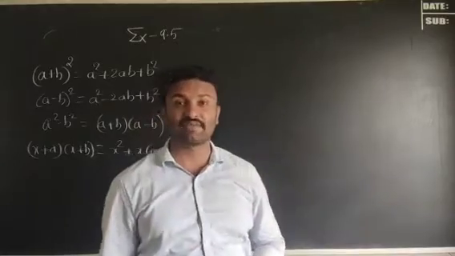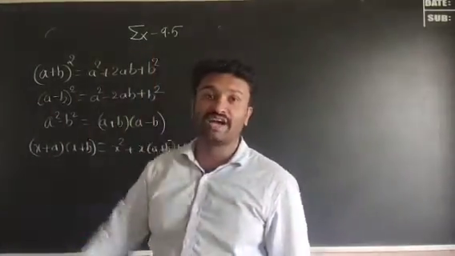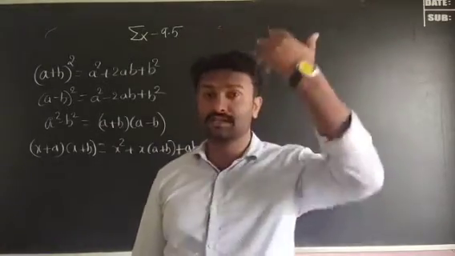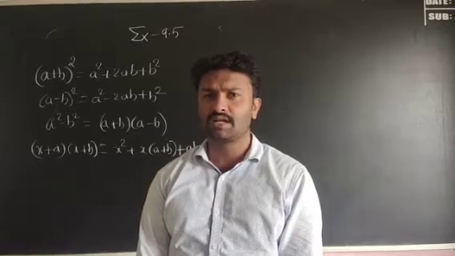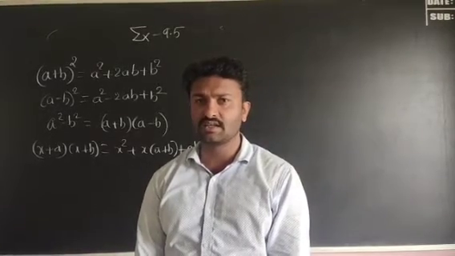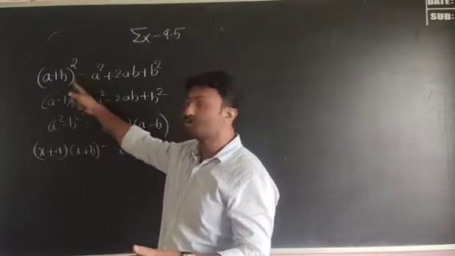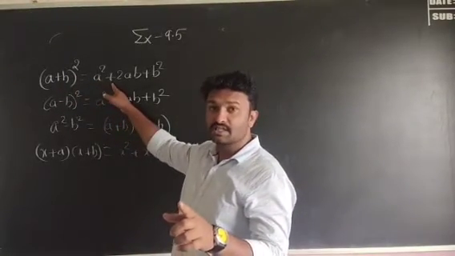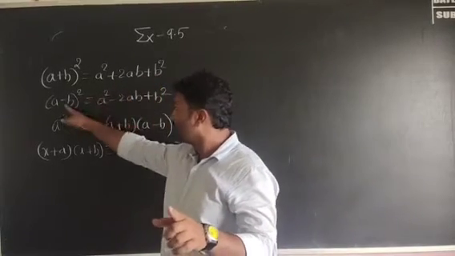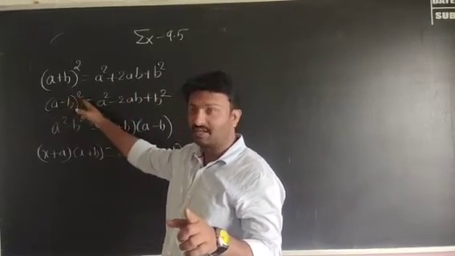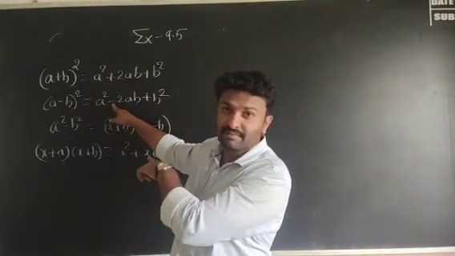In the last class we completed 9.4 and here we'll go to 9.5. In the previous class, in the factorization chapter, we discussed some of the identities. I think you remember: (a plus b) whole square equals a square plus 2ab plus b square. (a minus b) whole square, you just have to replace here minus 2ab.